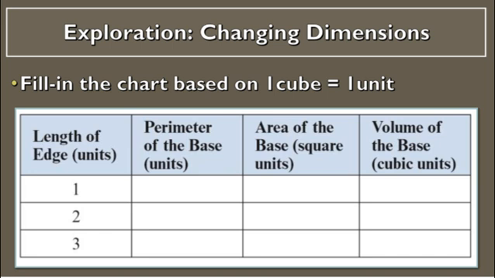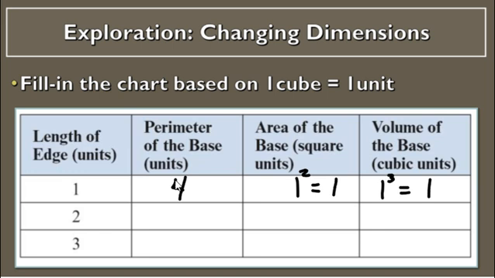So if I add up all 4 sides, each one has 1, that would give me 4 units. The area, I would take the length times the width, which is going to be 1. And then the volume, length times width times height, 1 cubed. So this is 1 squared, this gives me 1. 1 cubed would give me 1.